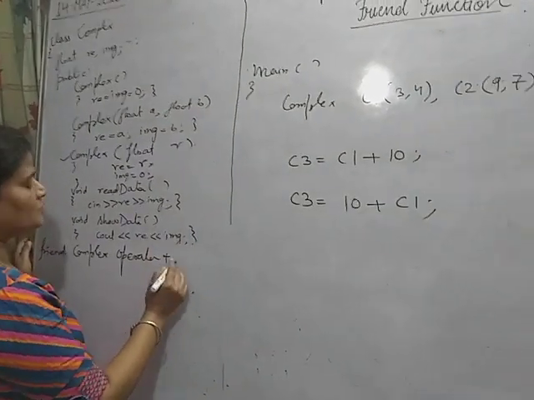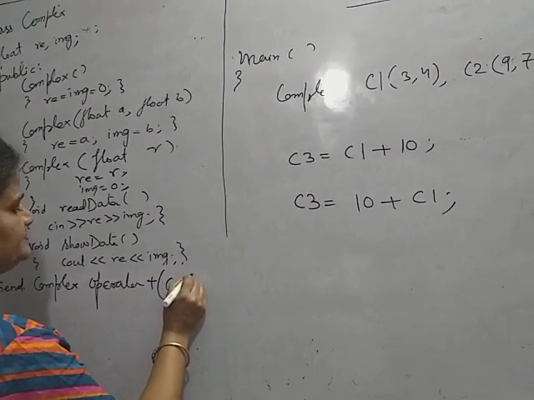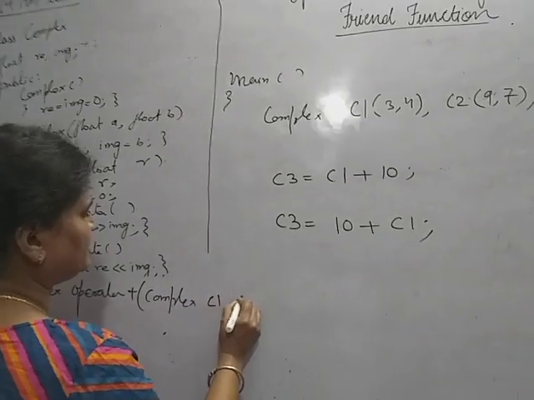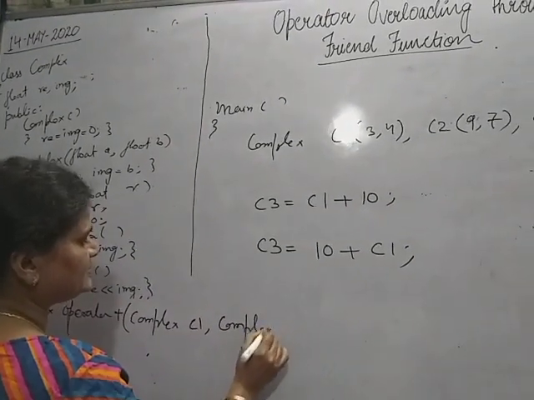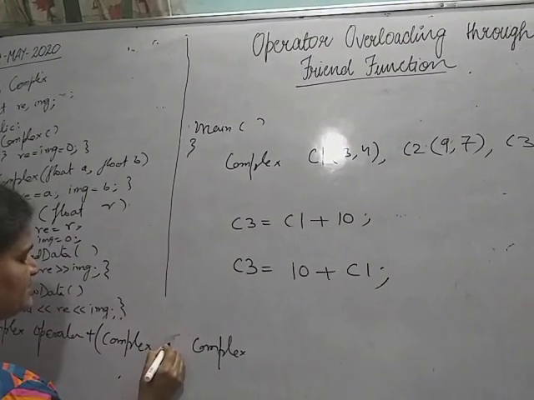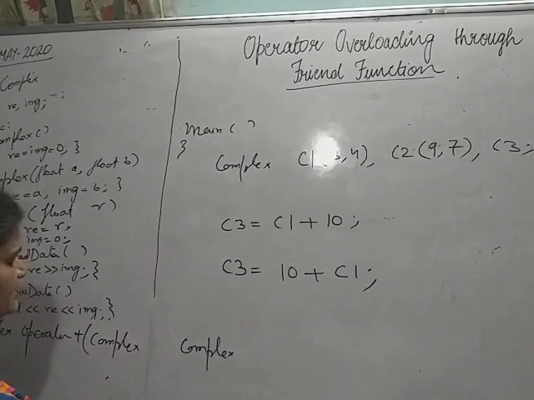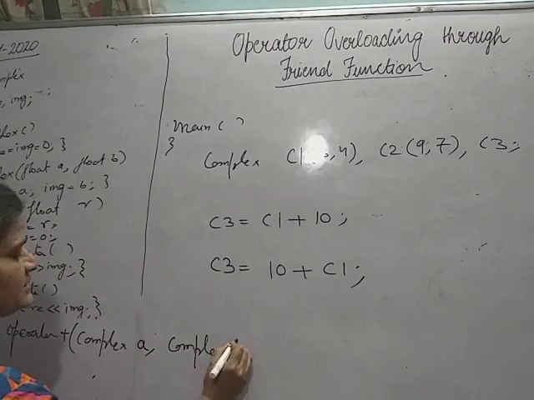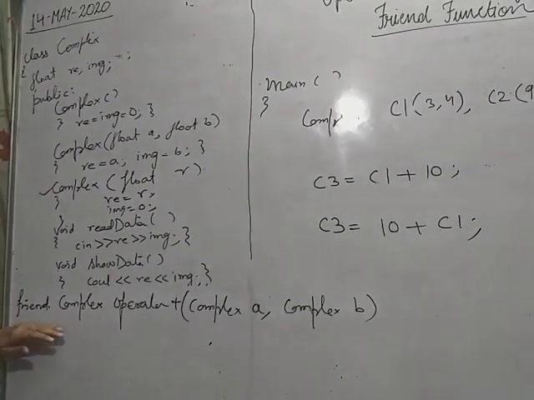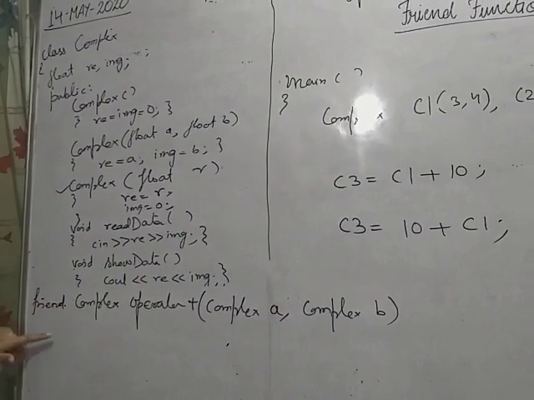It will take two operands, complex A and complex B. Because friend functions are not member functions of complex, I cannot give the definition within the class.